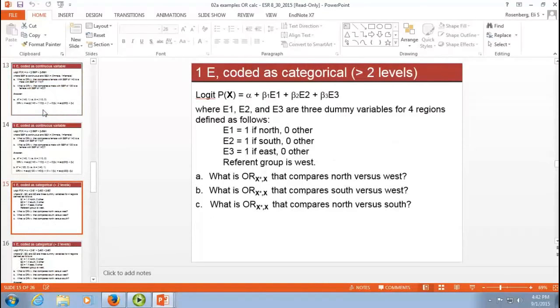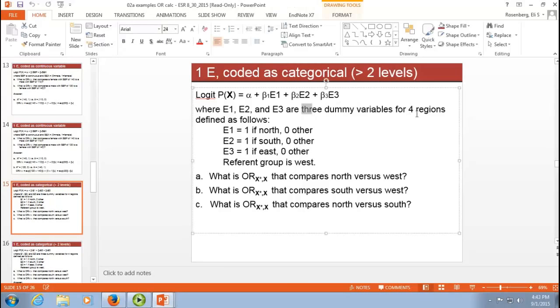So here's a situation where you have a 4-level exposure variable. Let's say it's where you live. Do you live in the north, south, east, or west? And that's your exposure variable. Now, in this situation, you need 3 dummy variables to represent 4 regions of exposure, so it's not a simple dichotomous exposure variable.